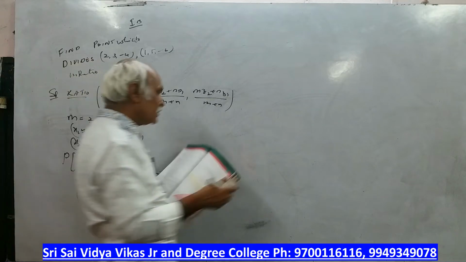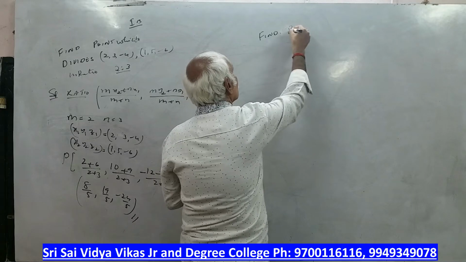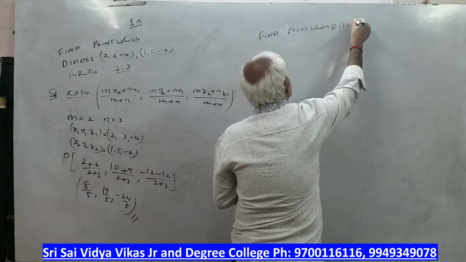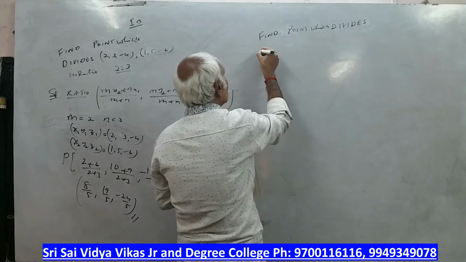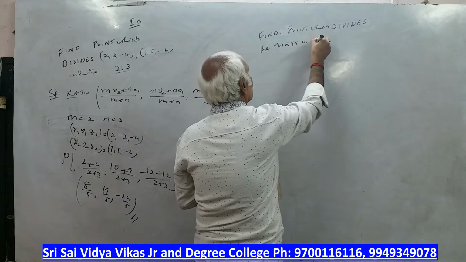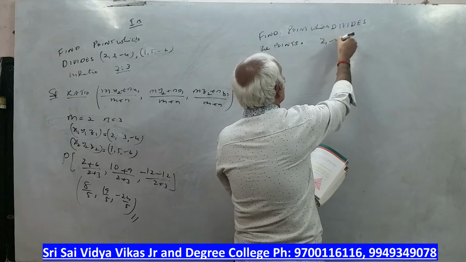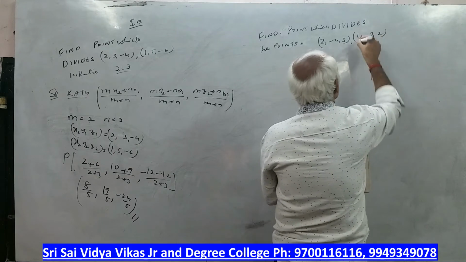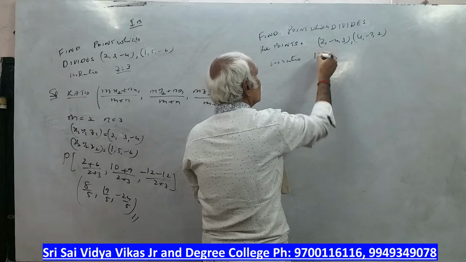Okay. Find the point which divides the points (2, minus 4, 3) and (4, minus 7, 2) in the ratio 1:3.